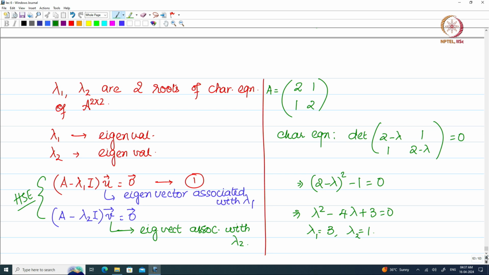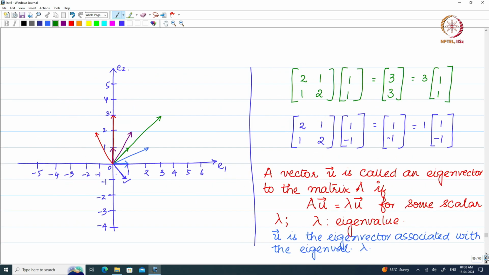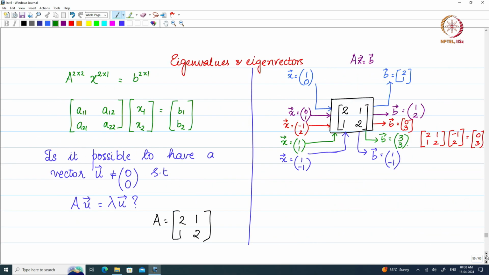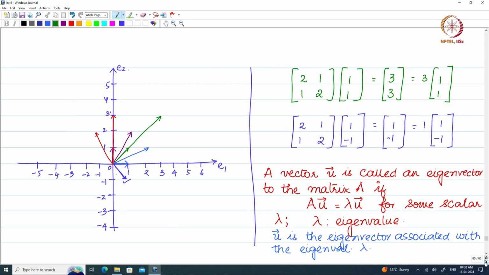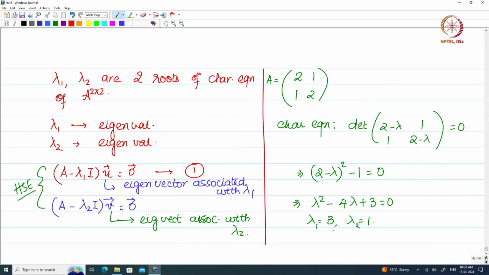This is exactly what we had seen before: we had 3 and 1, and that is exactly what we see here. Lambda 1 is equal to 3, lambda 2 is equal to 1.